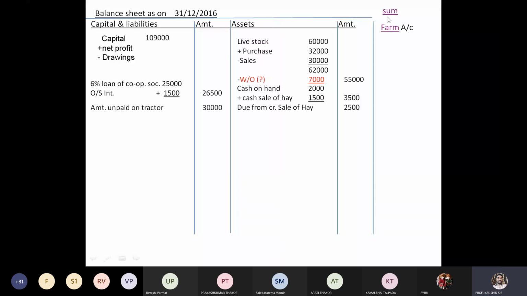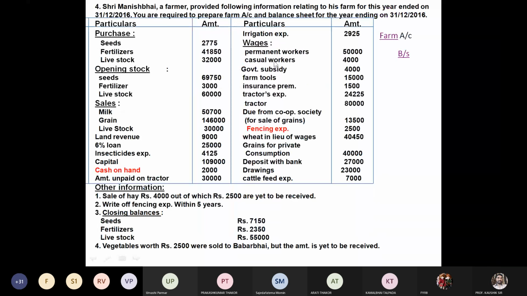Go to the sum again. Irrigation expenses and wages, permanent workers and casual workers. Permanent workers means કાયમી કામદારો, casual worker means રોજના કામદારો.